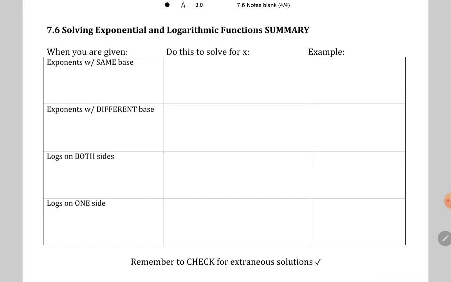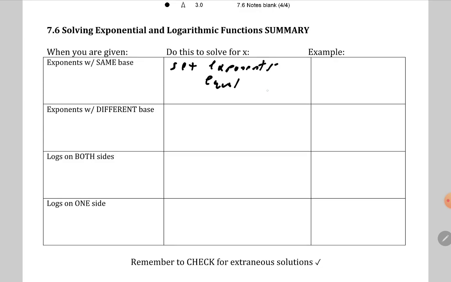So, exponents with same base. Basically, you set exponents equal, and then you solve. So if I have 7 to the 3x plus 4 equals 49 to the 2x plus 1.